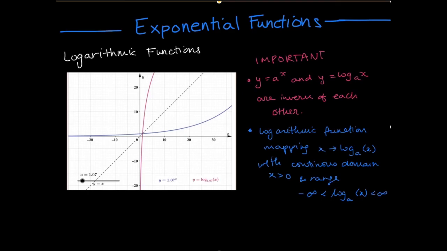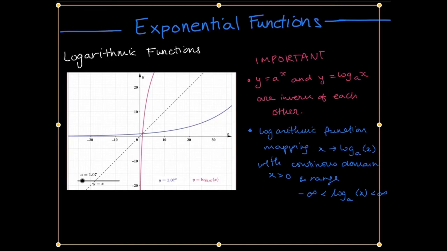And for log a of x, so for the logarithmic function, which is this one, we have a vertical asymptote at x is equal to 0, and we can see that the pink graph never really touches it. And this is where log a of x approaches negative infinity as x approaches 0.